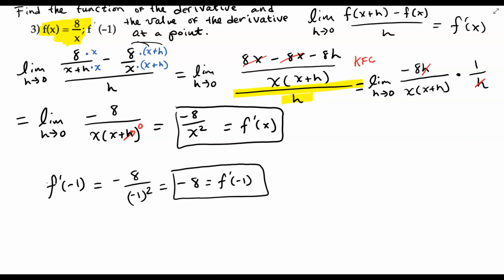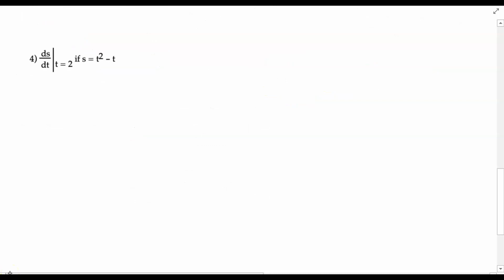Interesting. All right, let's go ahead and take a look at one more example. Now in this problem, it looks a little bit weird because you see that it says ds over dt. We read it ds dt, and it says such that t equals 2. So it says find ds dt such that t equals 2. What in the world does that mean?